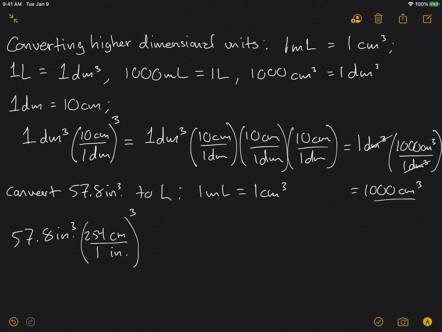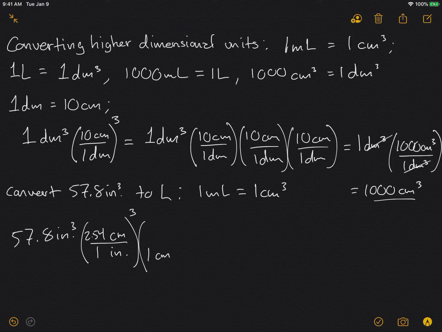And let's cube the entire unit conversion factor. And so now the cubic inches will cancel out. You don't have to cube the 57.8, that's already in cubic units. But when we do this operation, we will have to cube the 2.54. And 1 cubed is just 1. Inches cubed will cancel out. Now we're in cubic centimeters.